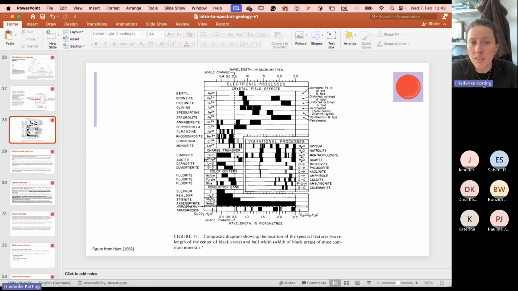Here you see the three different electronic processes. We just talked about crystal field and charge transfer, but there's also color centers and conduction bands that can cause absorption features for some minerals. And then the vibrational processes, at least the overtones that we are seeing, usually happen in the longer wavelength ranges in the shortwave infrared.